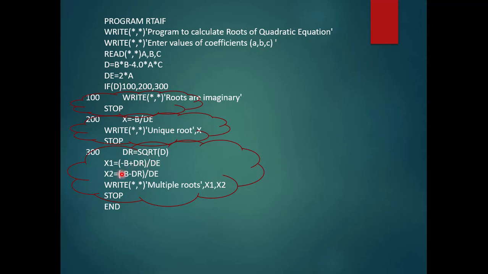Then similarly x2 equals to minus b minus dr divided by d, and the message to be displayed is multiple roots and the value of x1 comma x2. It should stop, and this will end the program with this end statement.